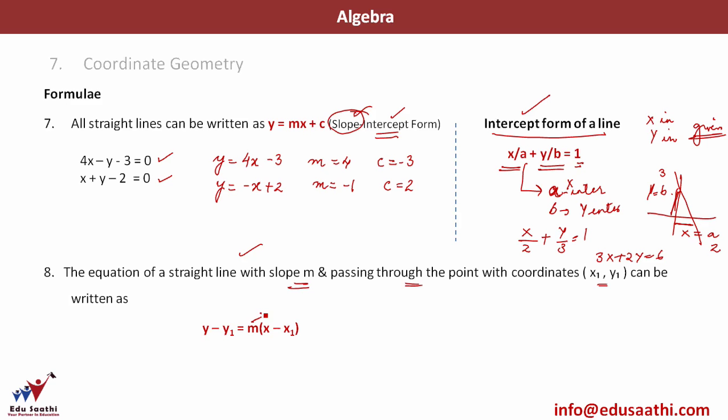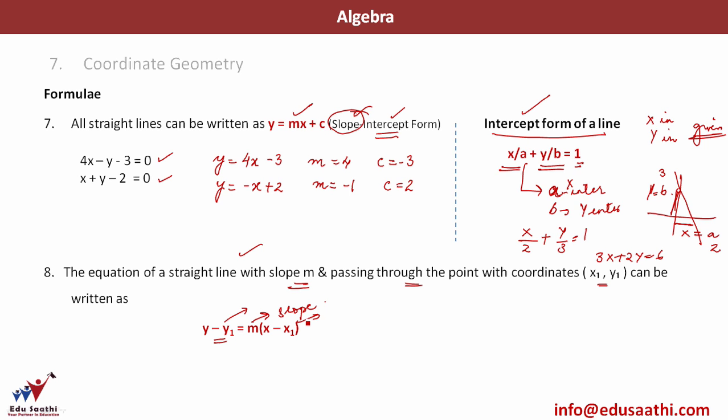Now m is the slope of the line which is given to you. x1 and y1 are the coordinates of the point which is given to you. So it is similar to y is equal to mx plus c, but because instead of the intercept, you are given a point, it will be y minus y1 equals m times x minus x1.